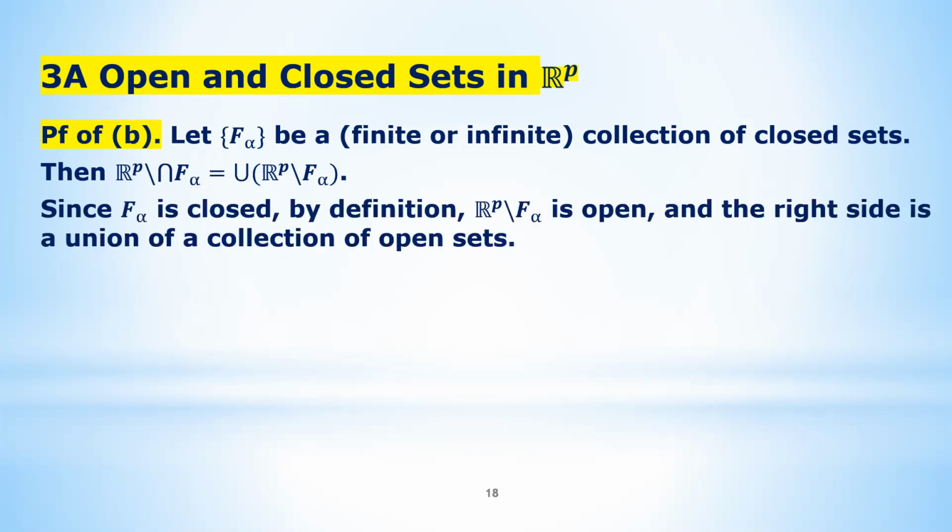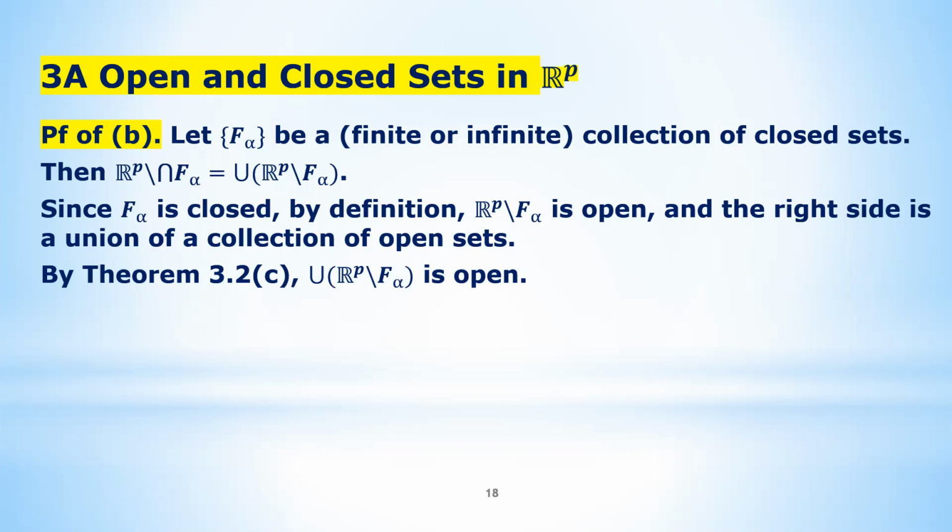All right. Now we begin with F alpha is closed. By the definition, the complement of F alpha in R^p is open. Therefore, the right side becomes a union of a collection of open sets. What happens for the union of a collection of open sets? It will still be open, by the open set property.